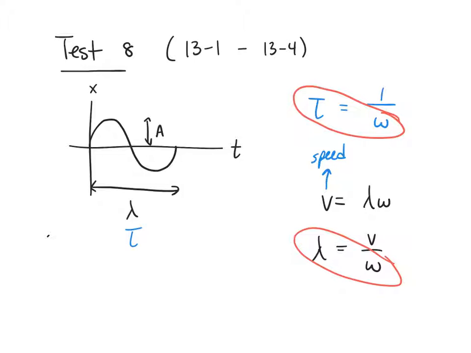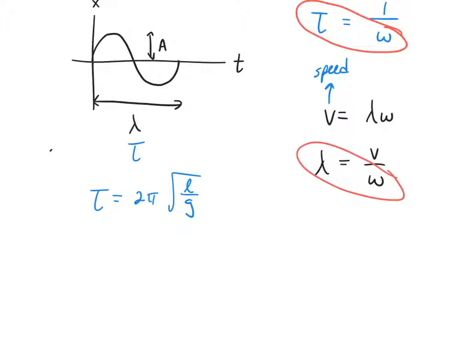We had two other formulas from the first section. We have tau equals 2 pi root L over G. And then the second formula we have here, tau equals 2 pi root M over K. These aren't in the formula sheet, but just to reference them real quick and to use them.